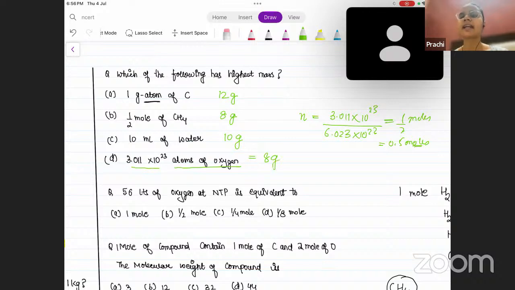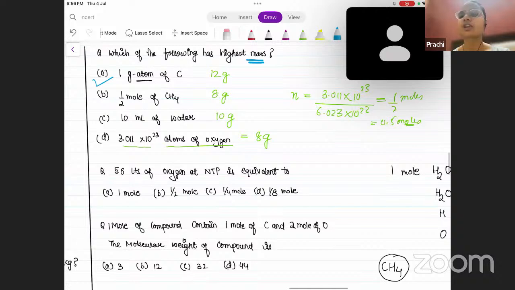What should be the right answer? Now the answer is in front of you. You have to quickly tick the right answer. For oxygen, it will be 8 grams. The right answer is option A. Option A is correct, that 1 gram atom of carbon has the highest mass. As you can see here, it is 12 grams.